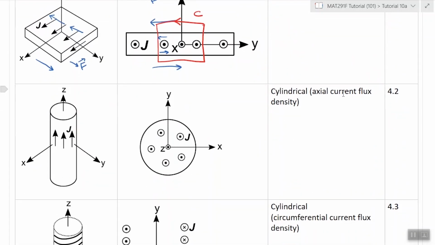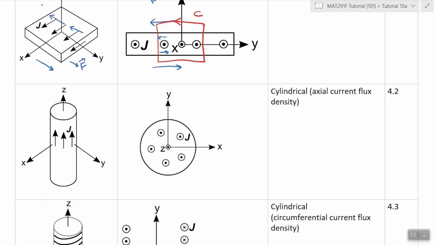The next geometry is like this. You have a cylinder. You see the way I drew the current. This is not a shell. This is a cylinder with some sort of volume current density, current flux density.